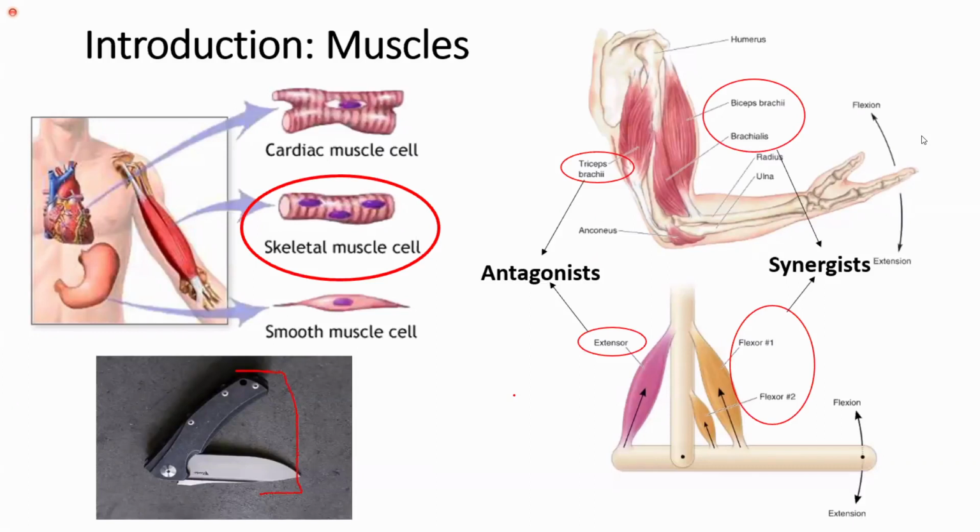The triceps is the extensor muscle, while the biceps is the flexor muscle, so they oppose each other's movements. Whilst the biceps and the brachialis work alongside each other as synergists. This is just to introduce basic muscle concepts.